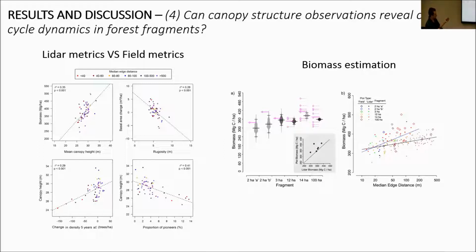And here, we estimate the biomass for the whole fragment, because otherwise we have just the field data. The pink here is the field data. And the box plot here is the estimation of the biomass with LIDAR and the confidence interval by a bootstrap from this model here.